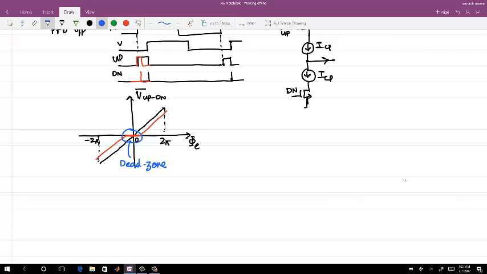So you will keep on accumulating the phase error until you jump to a value which is higher and your switches can switch on. This dead zone will lead to more jitter, dithering jitter.